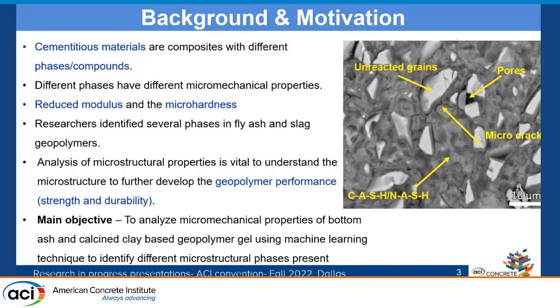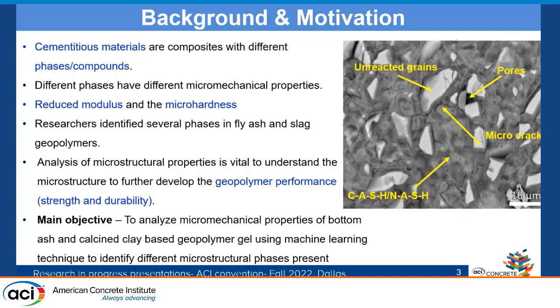Past researchers have found that there are several phases in fly ash and slag geopolymers. So there are mainly C-A-S-H or N-A-S-H gel as the matrix. Then we can find unreacted grains, pores, and cracks as well in a specimen.